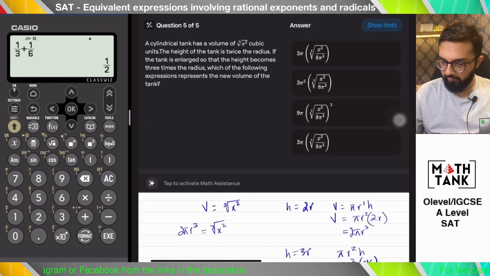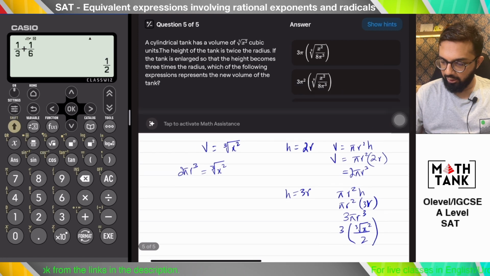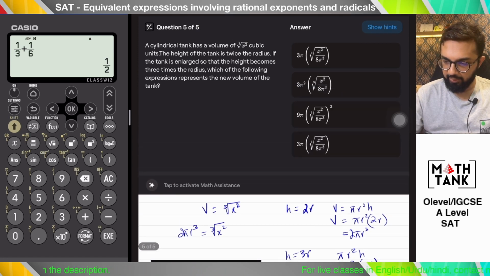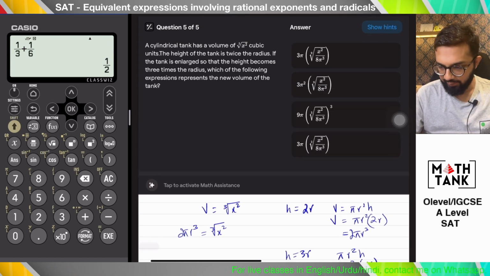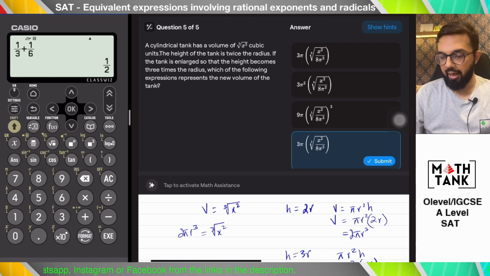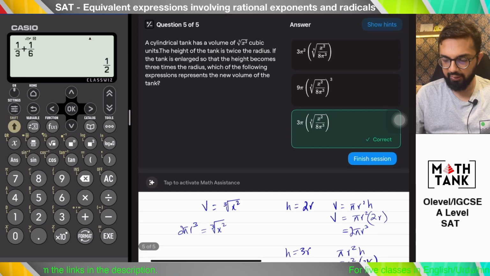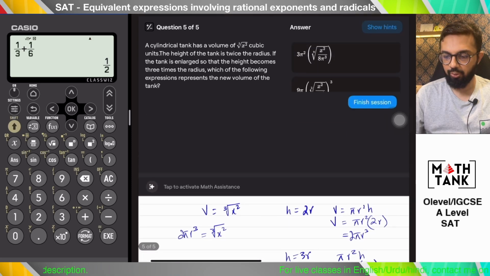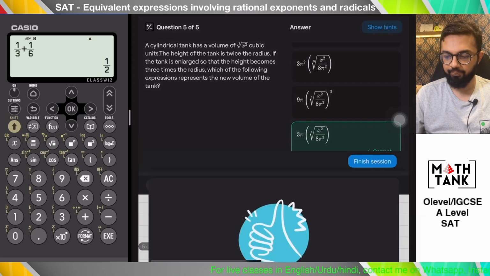So my answer should be 3 cube root of x squared divided by 2. Let's see which one of these will give me the same answer. If you look at this denominator, this last one, that should give you the correct answer. There's 3 pi outside. Cube root of 8 is 2. And cube root of pi cube will give you pi, and the pi's will cancel out. So it will match my answer option, which is 3 cube root of x squared divided by 2.